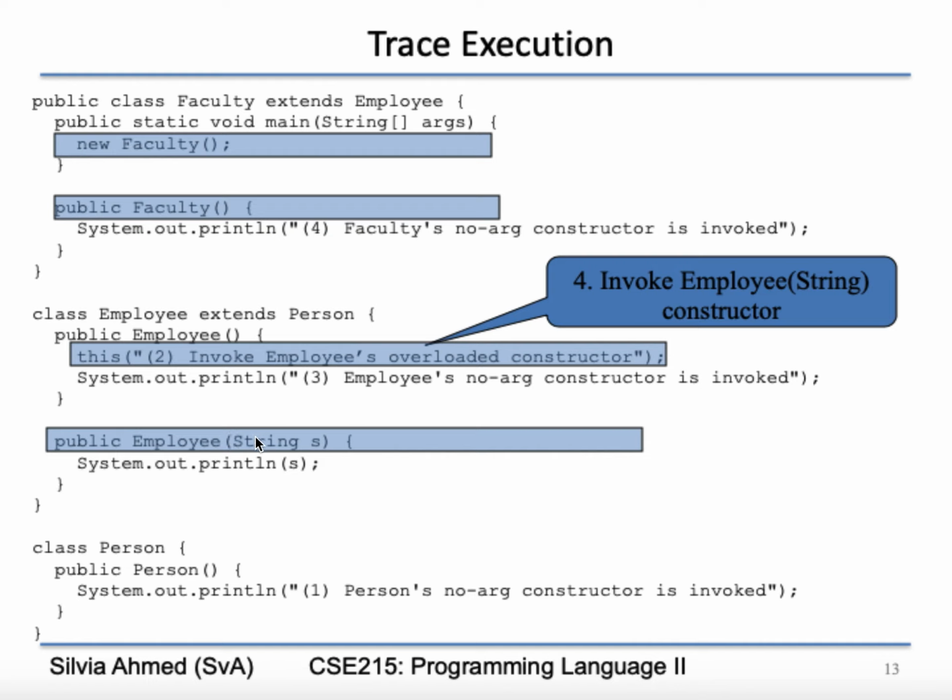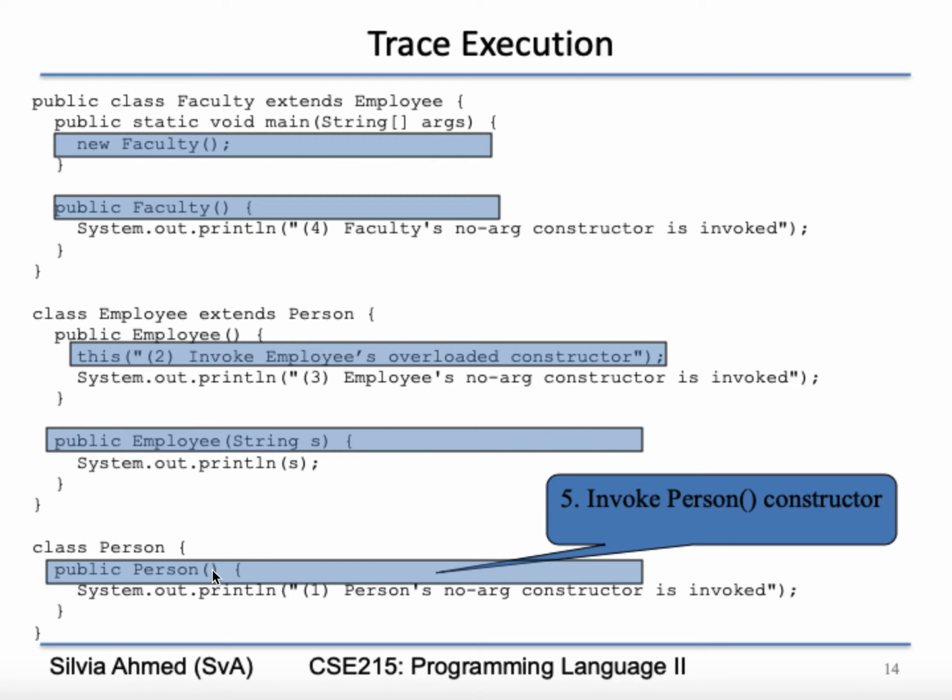Since Employee is a subclass of Person, before doing anything of the Employee itself, it will call its superclass. Since the code is not here, the compiler will put the super no-argument constructor before anything. So from this line, it will call the Person no-argument constructor.